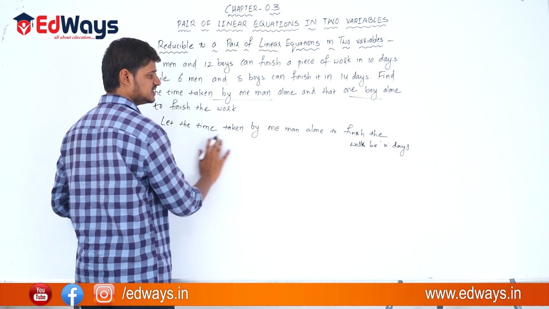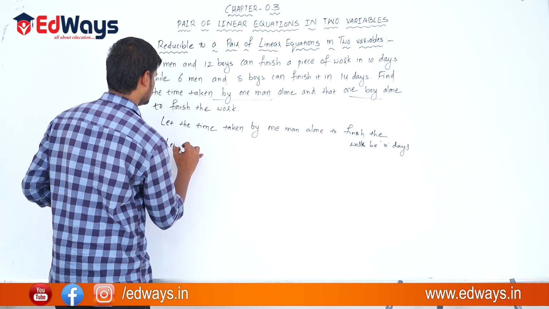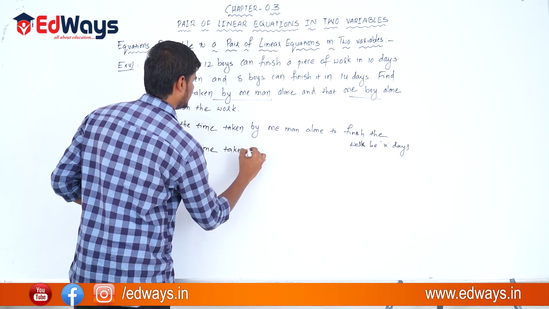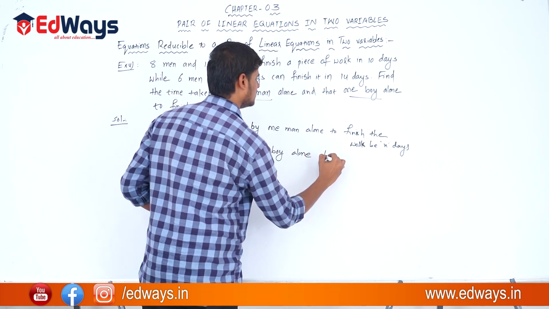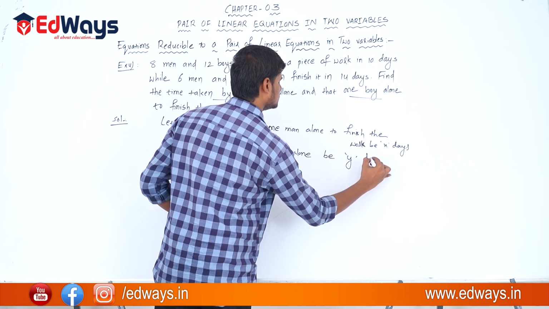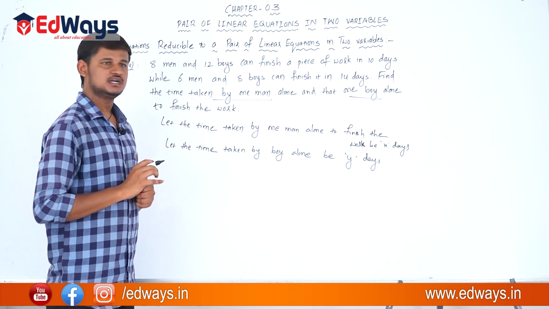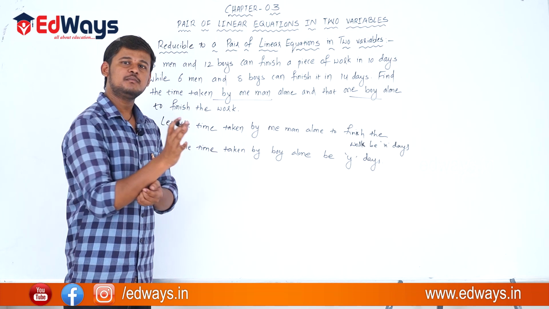Let the time taken by one boy alone be y days. So a man takes x days and a boy takes y days. Now what is the work done by one man in one day?